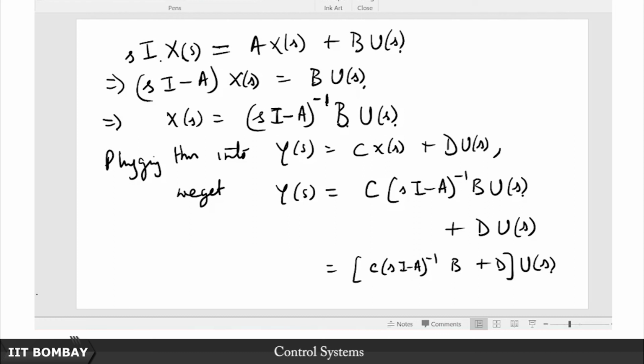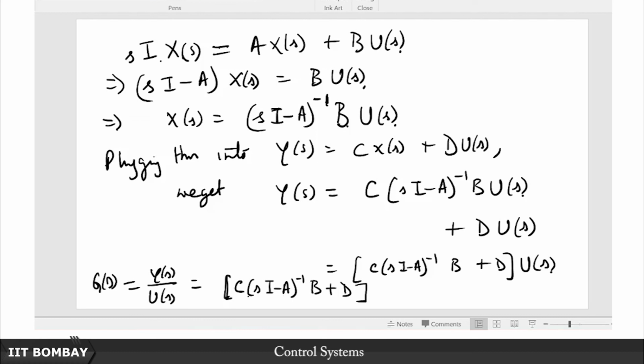Therefore this Gs, or the transfer function that we talk about, is going to be nothing but, of course because it is scalar, we can divide Ys by Us, and we get this transfer function as C times S I minus A inverse B plus D. No ambiguity here.